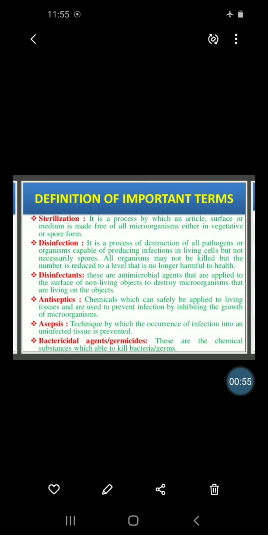So sterilization is the process of destruction. Another definition of sterilization is the process of destruction of all forms of living microorganisms from a substance.